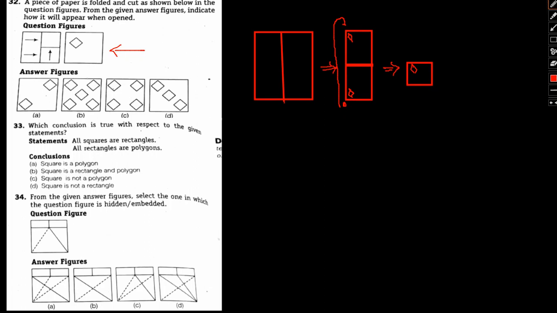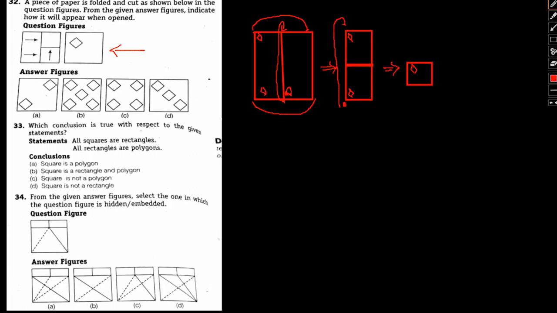Since it's done on the top end as well, each of the four corners gets a hole, because this part comes in contact to here, and this part also comes in contact to here. This area actually goes up in the final fold, so since the hole is made somewhere around here, here is a hole, this part another hole, and this part another hole.